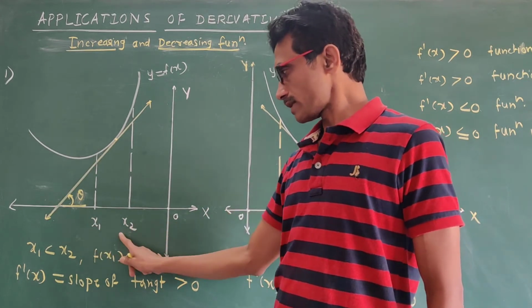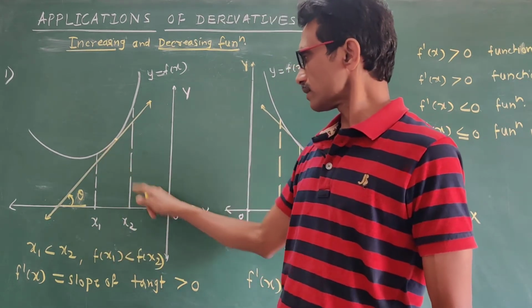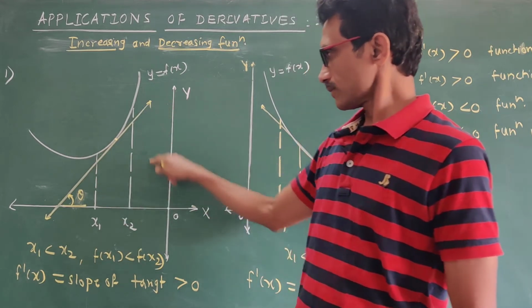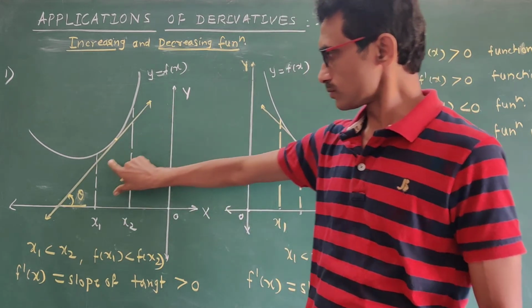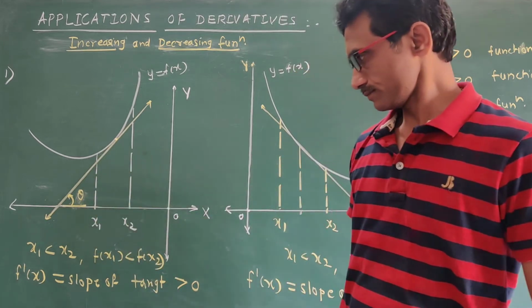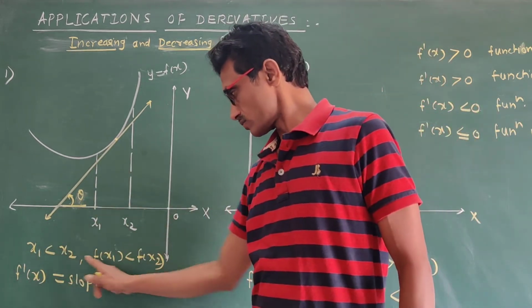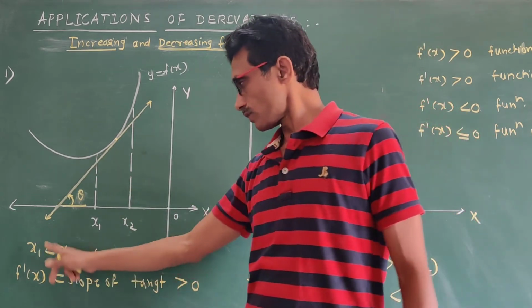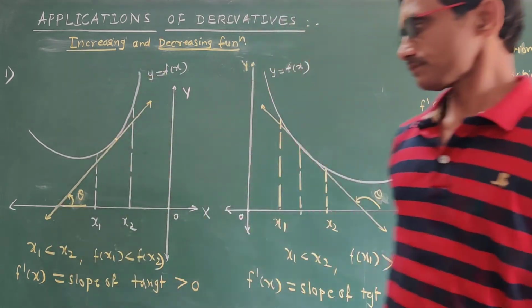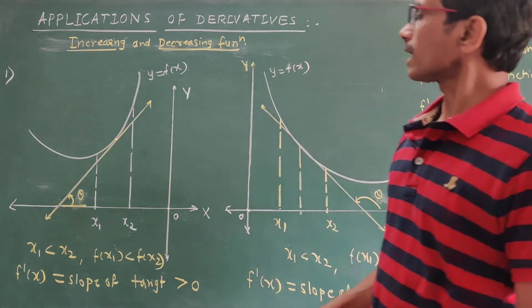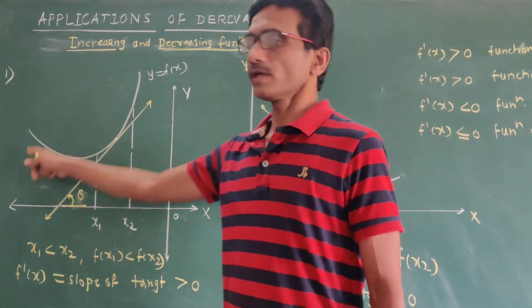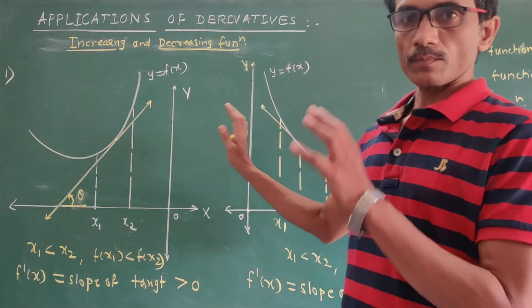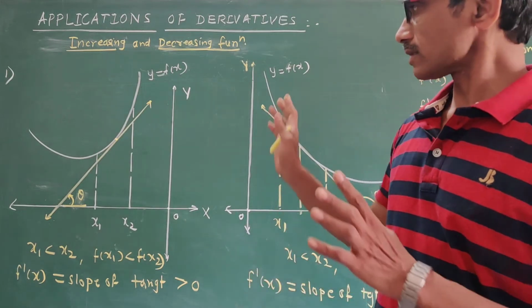Here x1 is less than x2, and you will observe that f of x2 is greater than f of x1. That means x1 less than x2, f(x1) is less than f(x2). So the function is increasing.